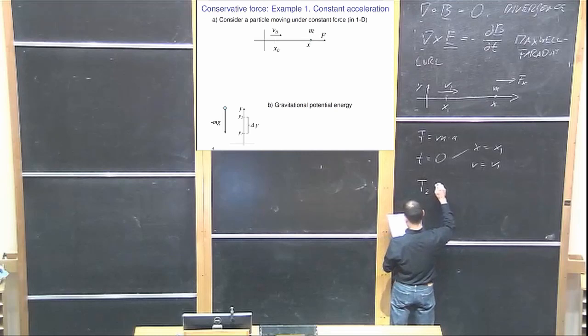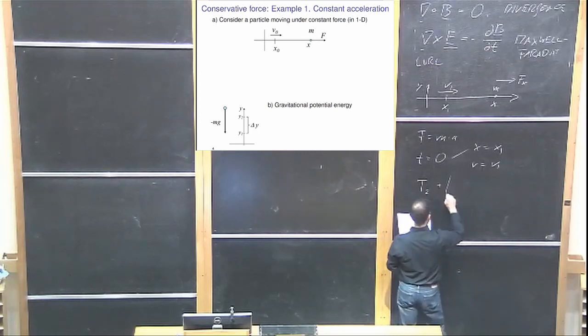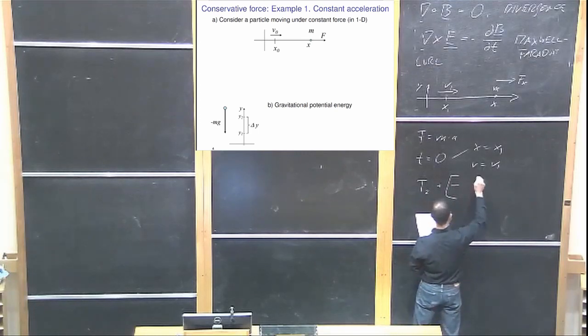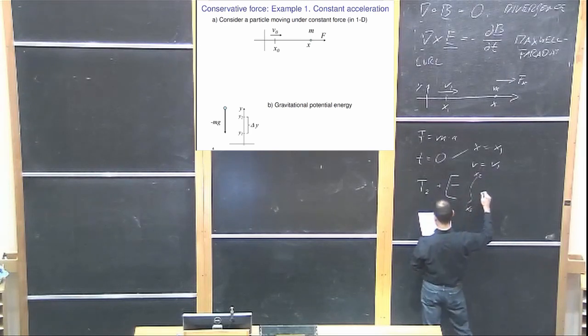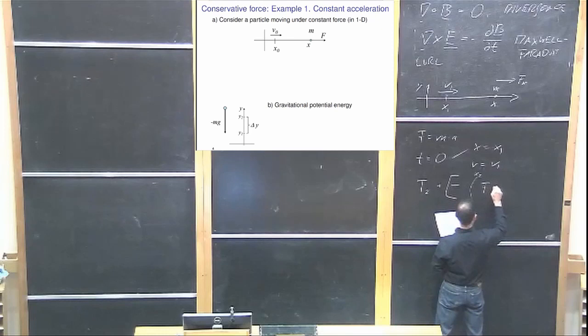And if we look then at T2 plus, that's a definition of it, from some kind of arbitrary point x0 to x1, f dx.